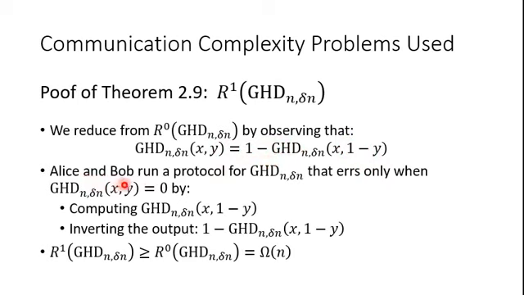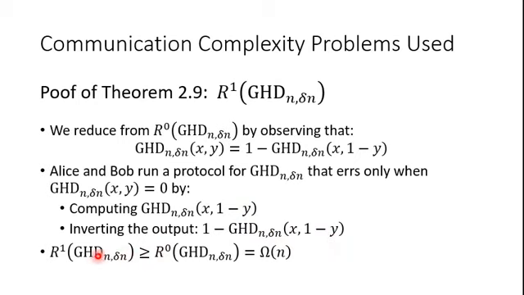So in this case, Alice and Bob will run a protocol for GHD that makes errors only when GHD equals 0. And they'll do so by computing GHD of x, 1 minus y, which is what we wanted here, and simply inverting the output to be 1 minus the output from this computation.